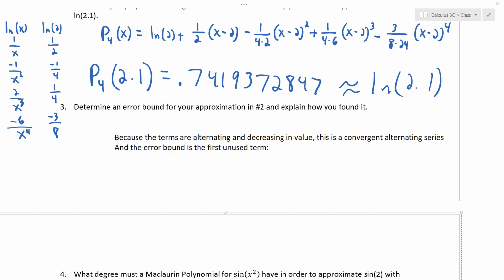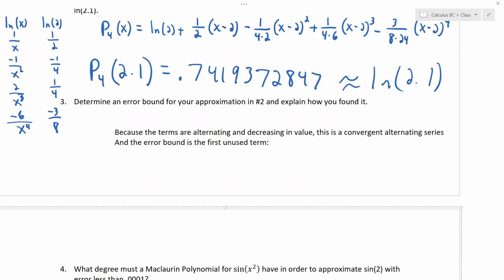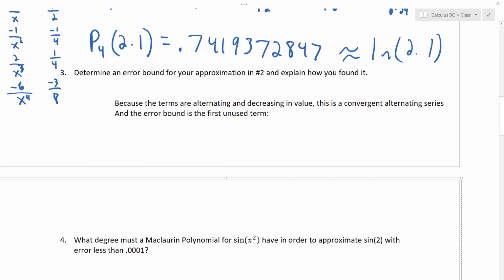The first unused term. We've got to find the fifth one, which means we need the fifth derivative, unless we know the pattern. There is a pattern to these, but let's just derive it a fifth time. That's going to be 24 over x to the fifth, which is 24 over 32, which is 3/4.